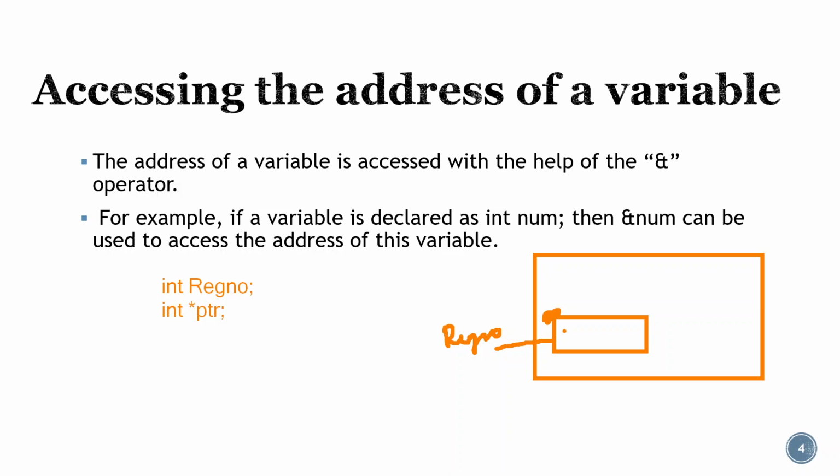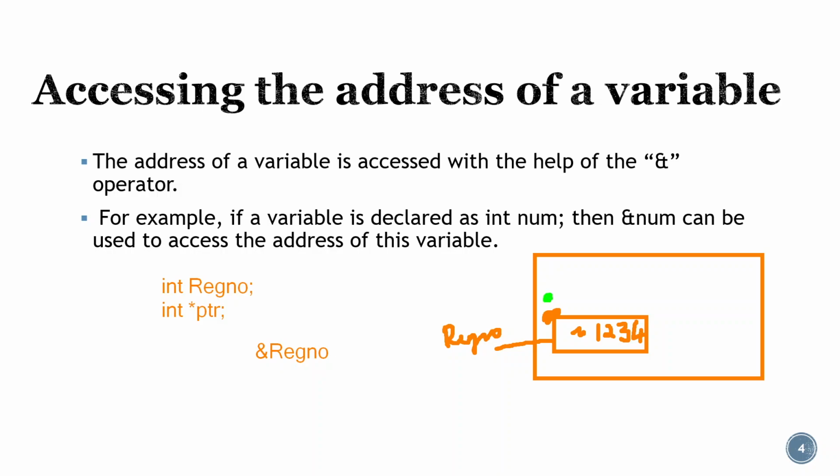Now the question is, how can I get the address of any variable? You use the ampersand symbol. So ampersand reg number will give you the address. Reg number is a memory variable. Ampersand of reg number means you are not interested in what value is stored here. You might have stored 1234, but I am not interested in 1234.